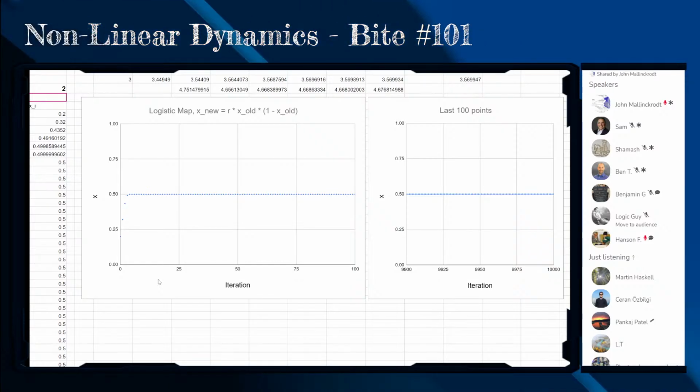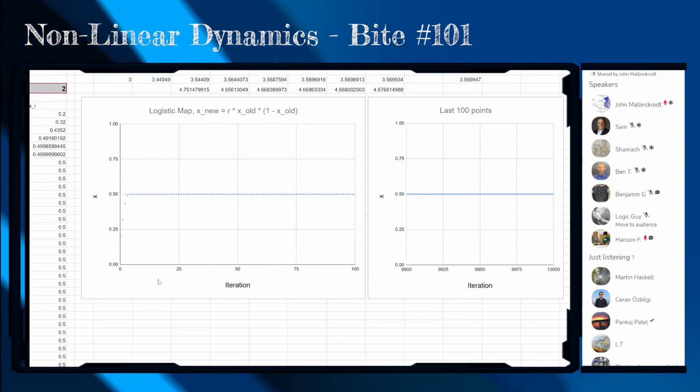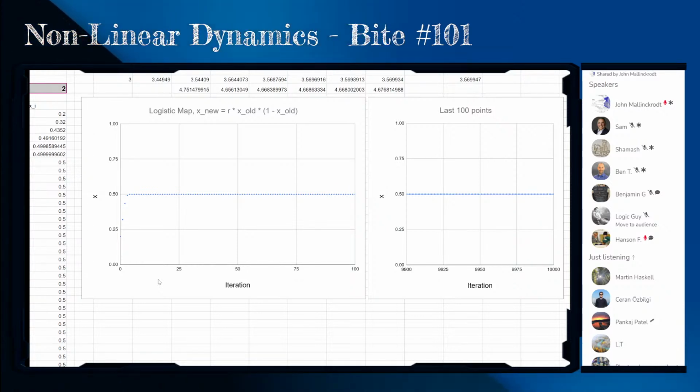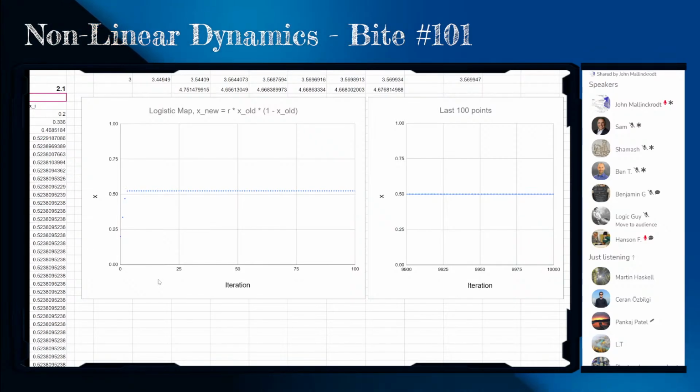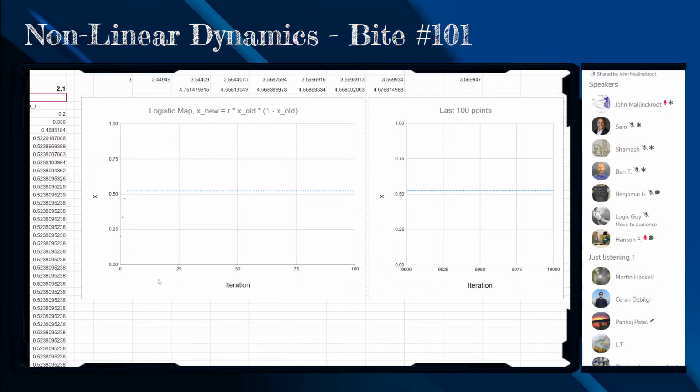And it's important to notice how quickly it's converging and how unquickly it converges in other cases. For instance, if I go to 2.1, once again it converges pretty quickly, but it takes until about iteration 11 to get to the point where the spreadsheet at least can't tell that things are changing.